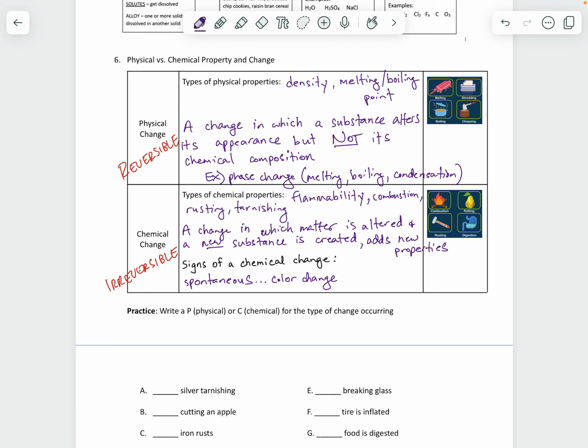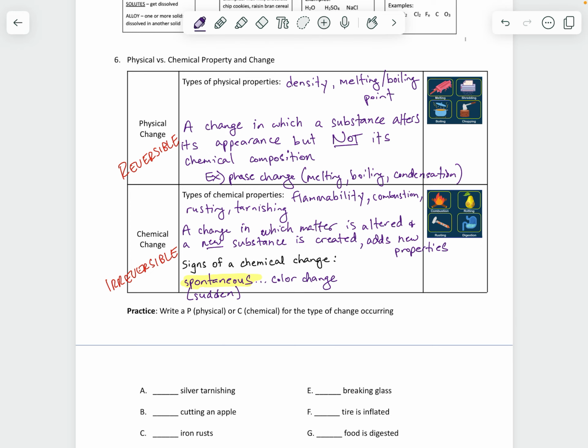In terms of why it has to happen on its own or suddenly, right? Sudden color change, because I can, of course, go to a wall and I can paint it a different color, but because I did it, it didn't happen on its own. That would be a physical change in terms of a color change. All of these chemical changes are spontaneous, and I want to kind of highlight that too.